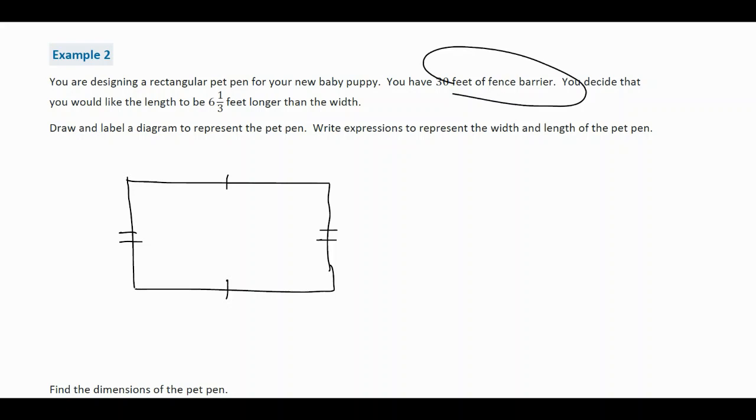So it means the given 30 feet is the sum of this, which is of course the perimeter given. All right. So you would like the length to be 6 and 1/3 feet longer. So it means we need to add, so for the length, it should be the width plus 6 and 1/3. Of course, we're going to have the width as the same as that.